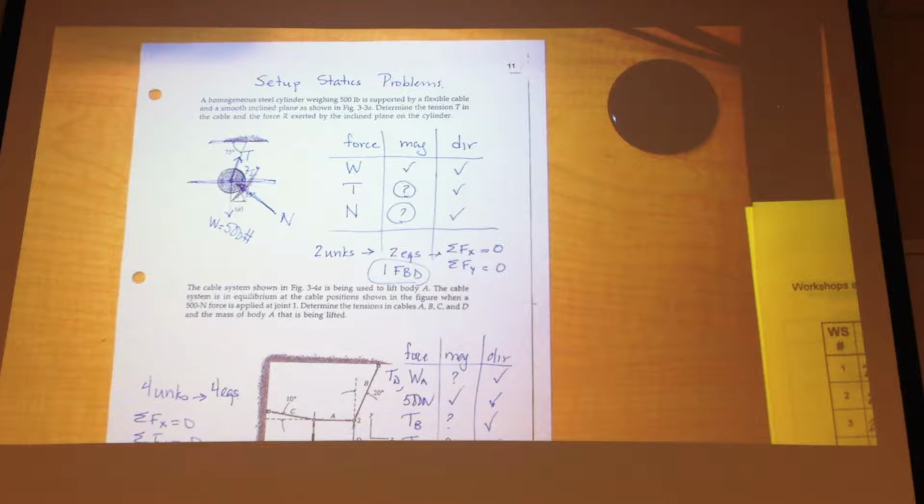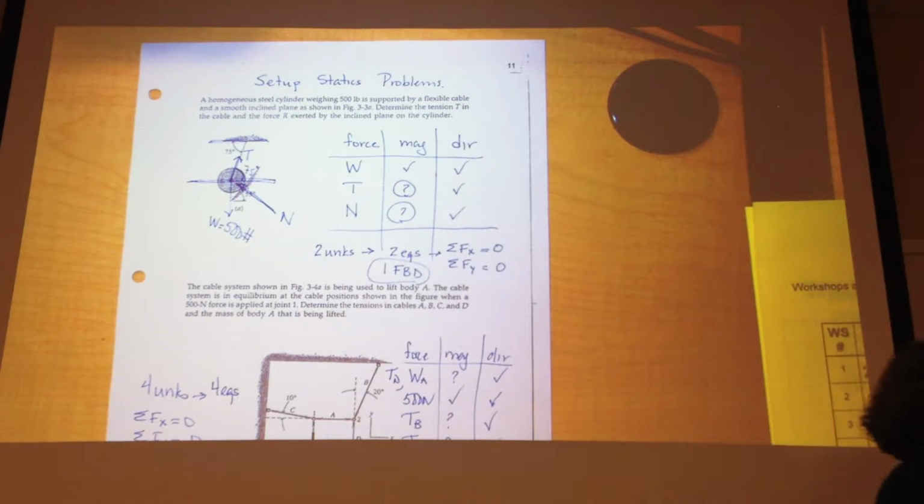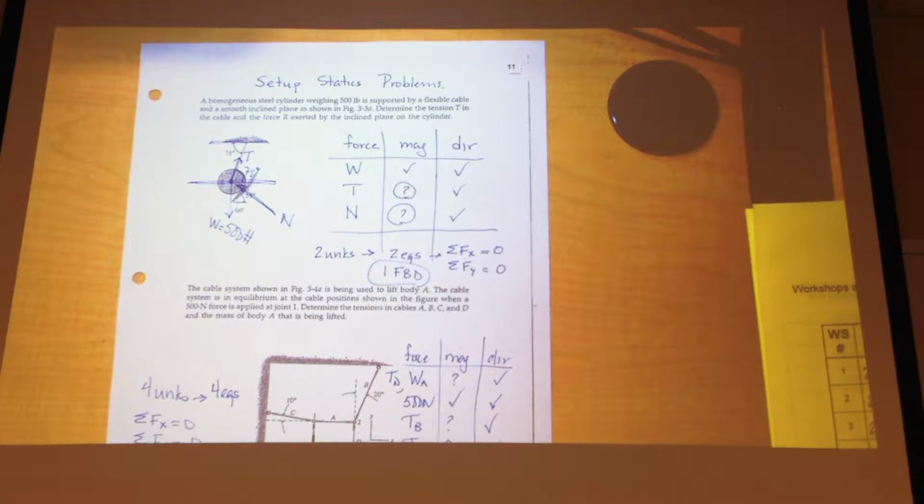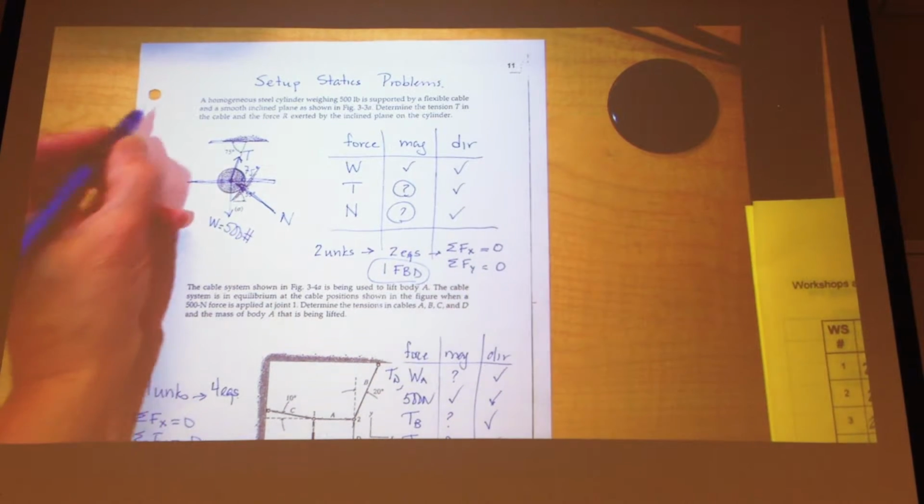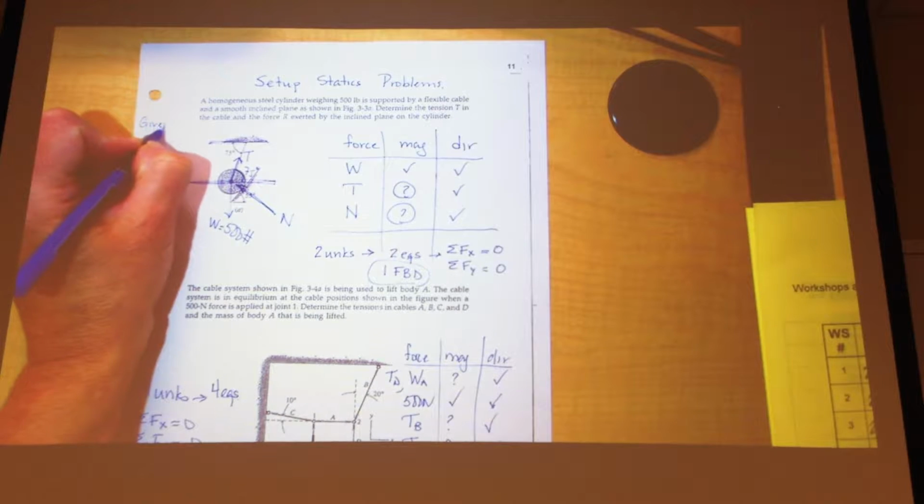And then the second and third column represented the magnitude and direction and whether we knew them or not. And once we found out how many unknowns we had, then we knew how many equations, then we knew what equations we needed, and we knew what body we wanted to analyze. So one thing that we forgot to do, though, is the first most important thing in setting up a problem, is you always write the given and the find.